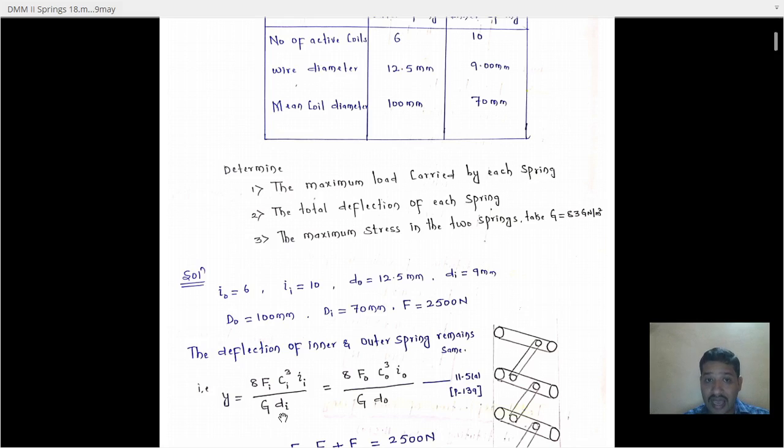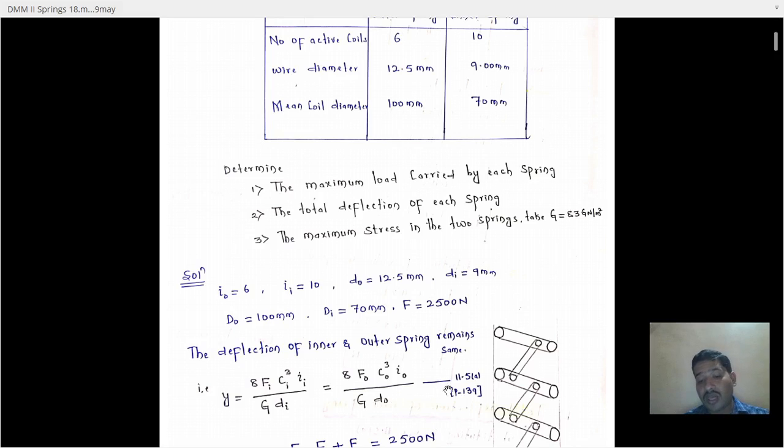Equal to 8 times Fo, where Fo indicates the outer force acting on the spring, Co is the spring index of the outer spring cubed, times Io, the number of active coils in the outer spring, divided by G, the modulus of rigidity, and Do, the wire diameter of the outer spring.